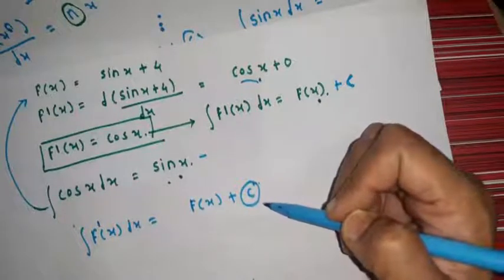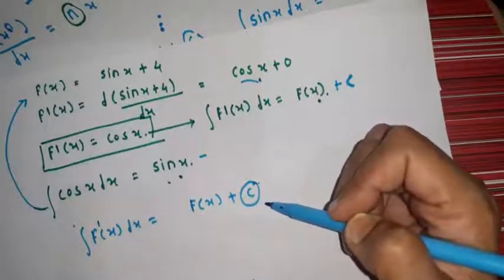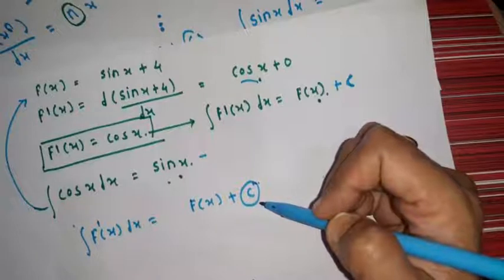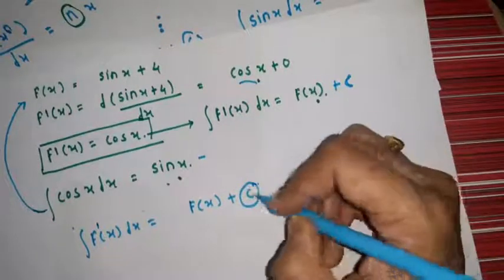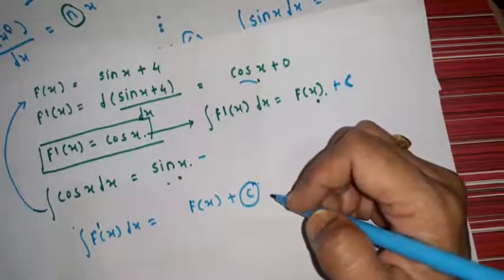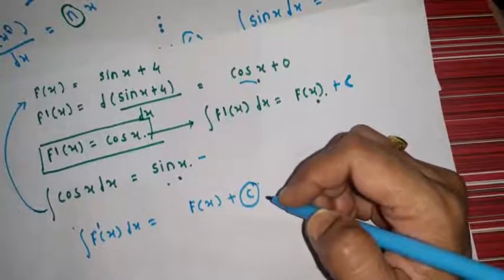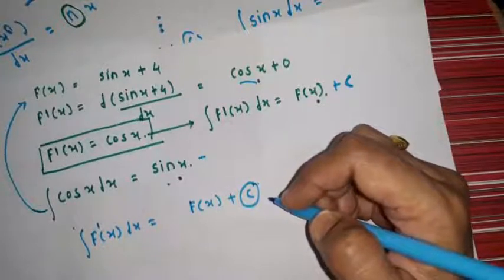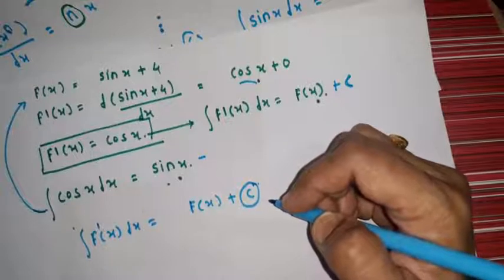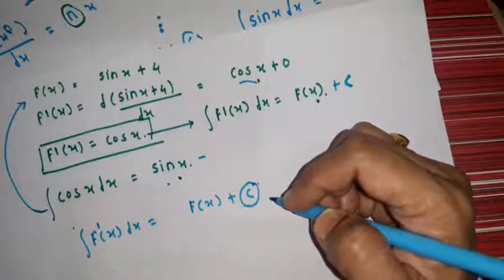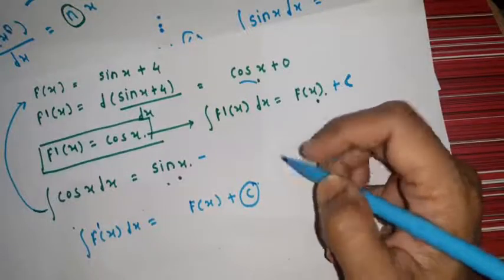That means, because we never know whether there was a constant in the original function, this constant of integration takes care of the constant, if any, in the original function.